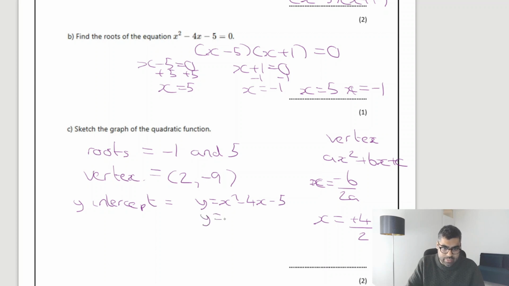So y is equal to 0 squared, which is 0, minus 4 times 0, which is 0, minus 5. So basically y is equal to minus 5. So our y-intercept is 0, minus 5.